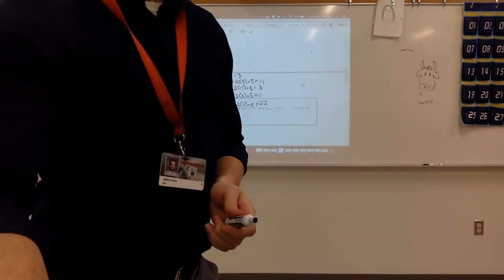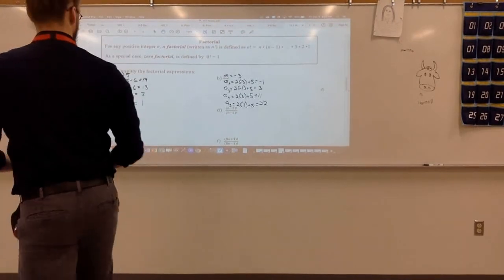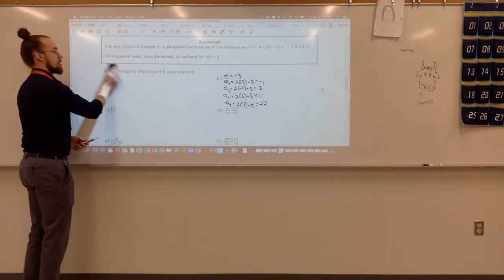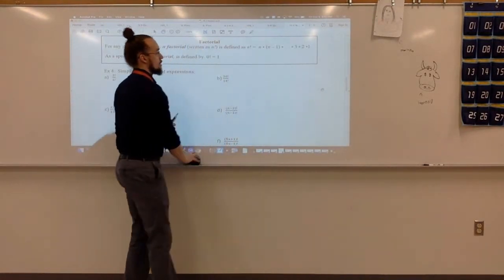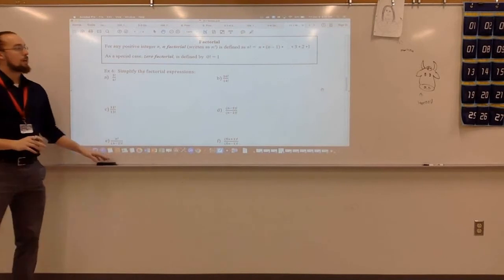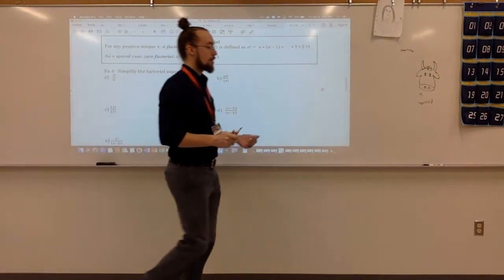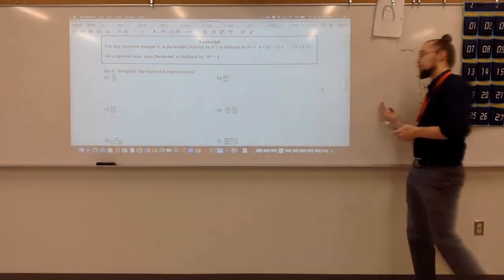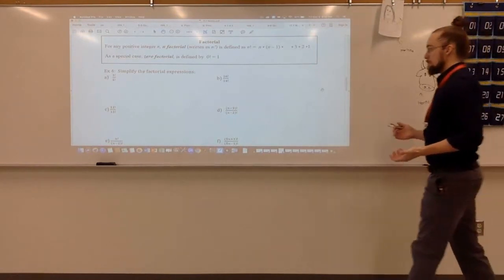Alright, then the next idea on here is a factorial. A factorial is just defined as taking a number and multiplying that integer along with all of the previous whole numbers together.